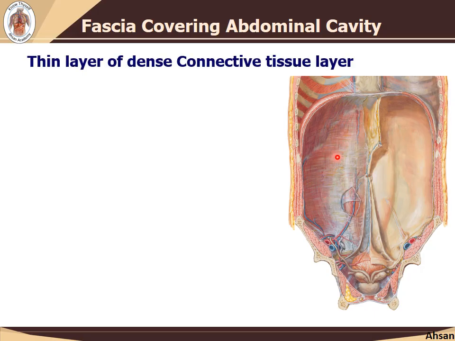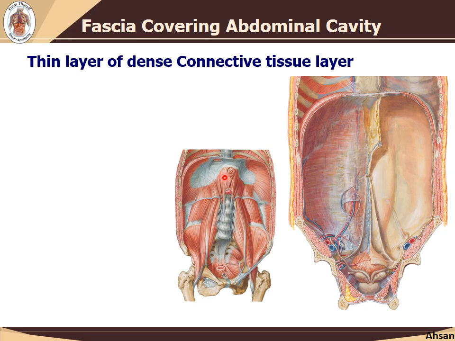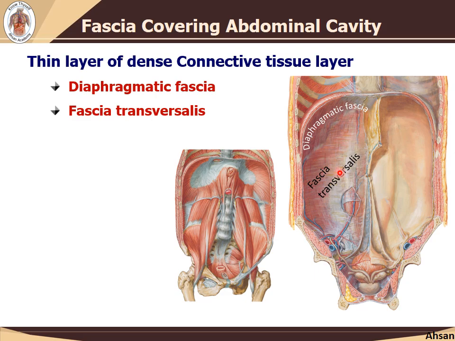This is known as fascia. This layer of fascia extends all over the muscles and is named as per the area. Covering the diaphragm, it is diaphragmatic fascia. Covering the transversus abdominis, it is fascia transversalis, which I am showing here.